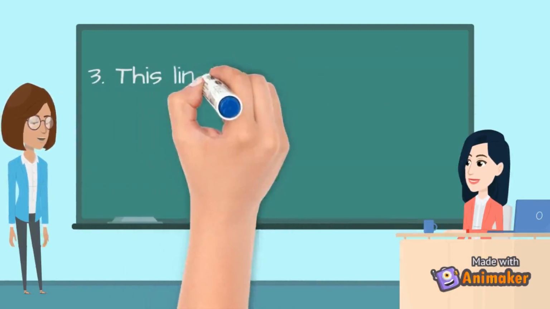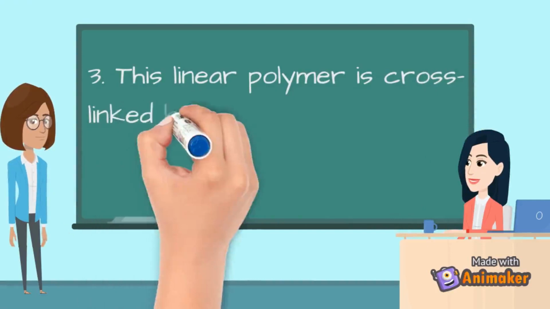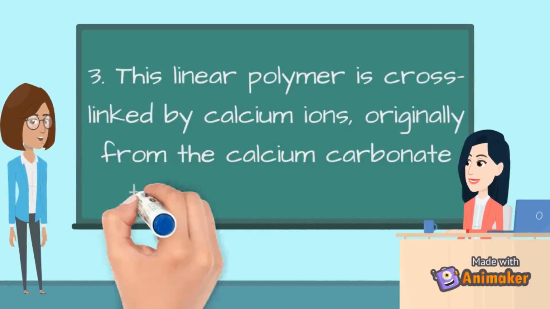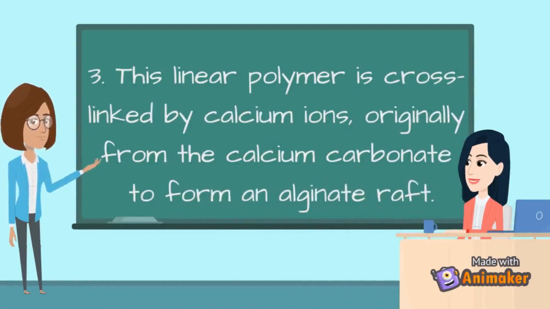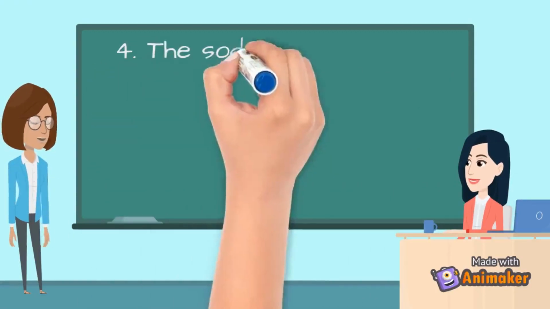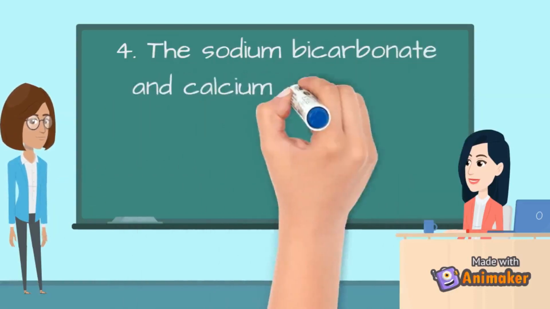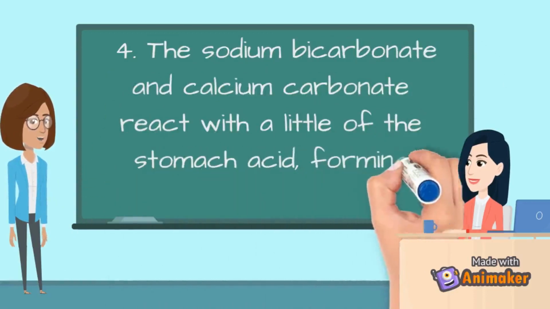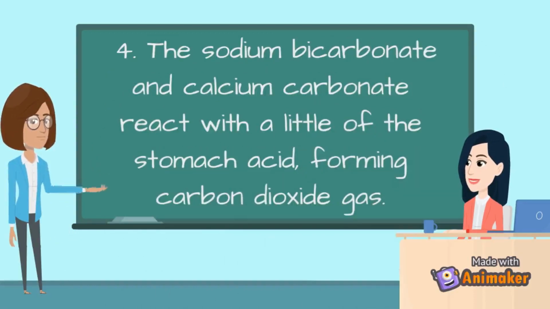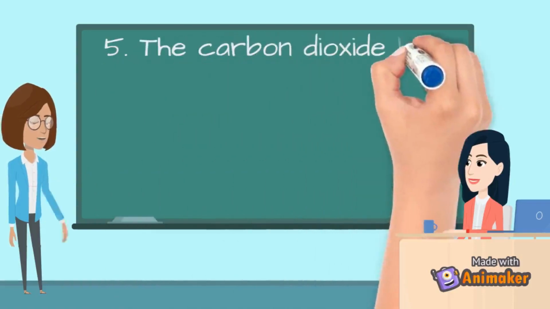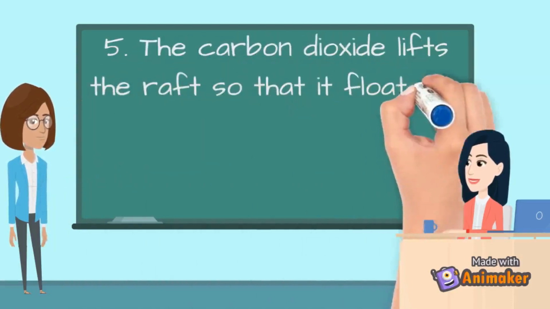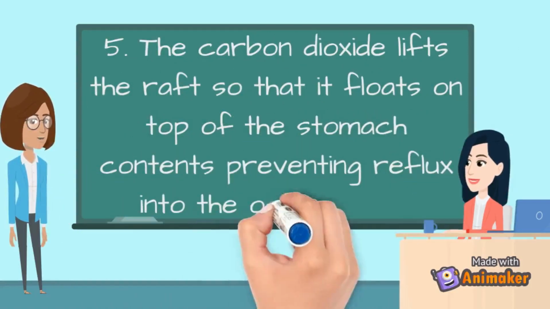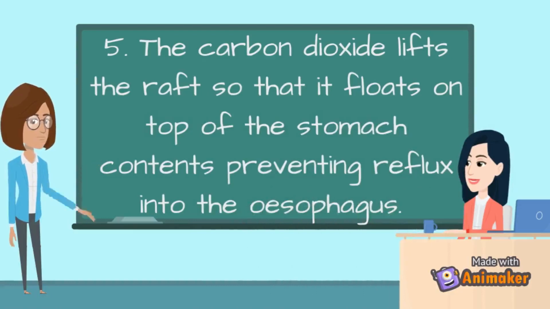Third, this linear polymer is cross-linked by calcium ions, originally from the calcium carbonate, to form an alginate raft. Next, the sodium bicarbonate and calcium carbonate react with a little of the stomach acid, forming carbon dioxide gas. Then, the carbon dioxide lifts the raft so that it floats on top of the stomach contents. This prevents reflux into the esophagus.